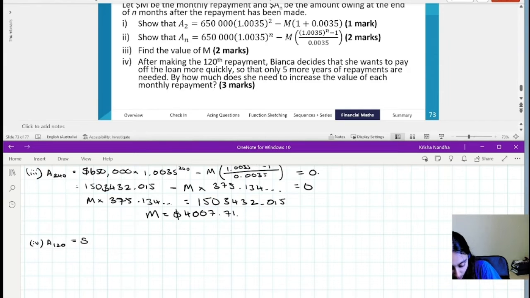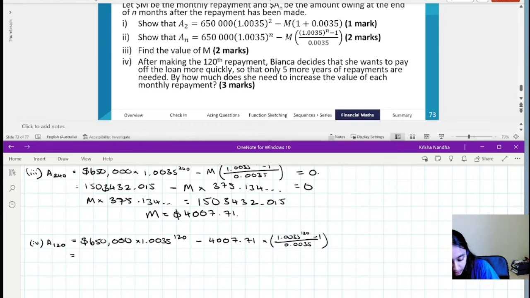A120 is equal to 650,000 times 1.0035 to the power of 120 minus, we now have m, so 4,007.71 times 1.0035 to the 120 minus 1, all on 0.0035.